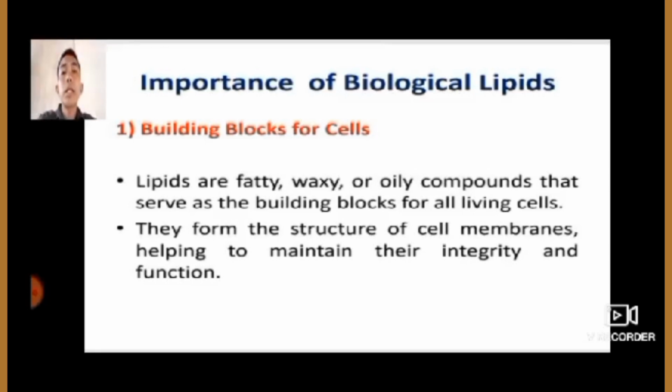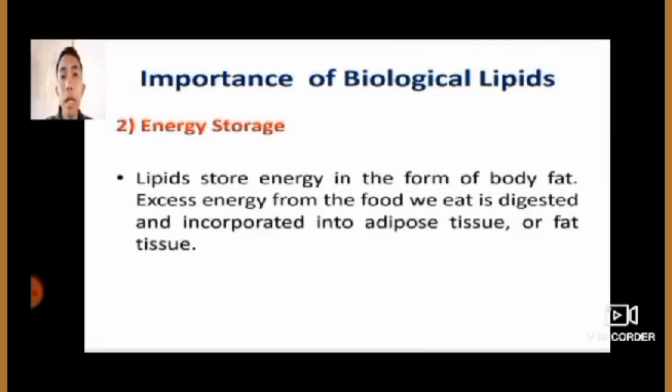Lipids are crucial for the integrity and proper function of cell membranes, which are essential for the survival of cells and organisms. Another importance of biological lipids is energy storage.